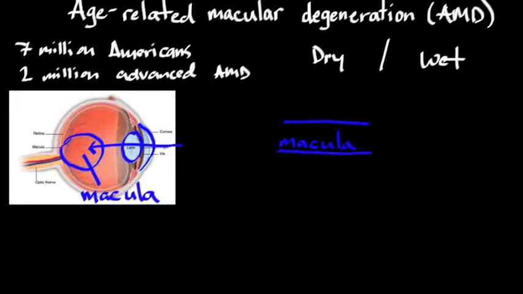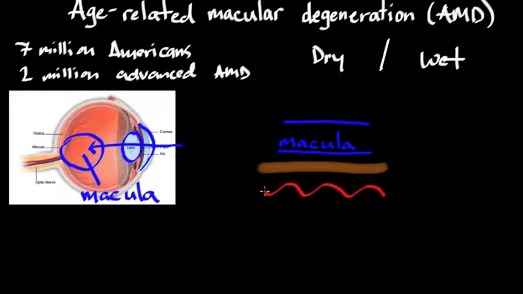And then underneath that layer, we have a pigment layer called the retinal pigment epithelium. For the purposes of this video, we'll call it the pigment layer. And then finally, deep underneath that, we have the choroid, which is filled with blood vessels, and which for this video, we'll just call the blood vessel layer.